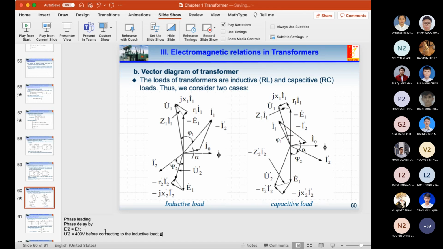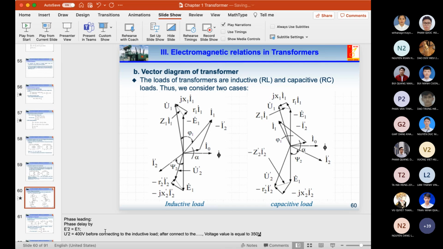And now, after connecting to the load, the voltage value is, for example, equal to 350 volts.